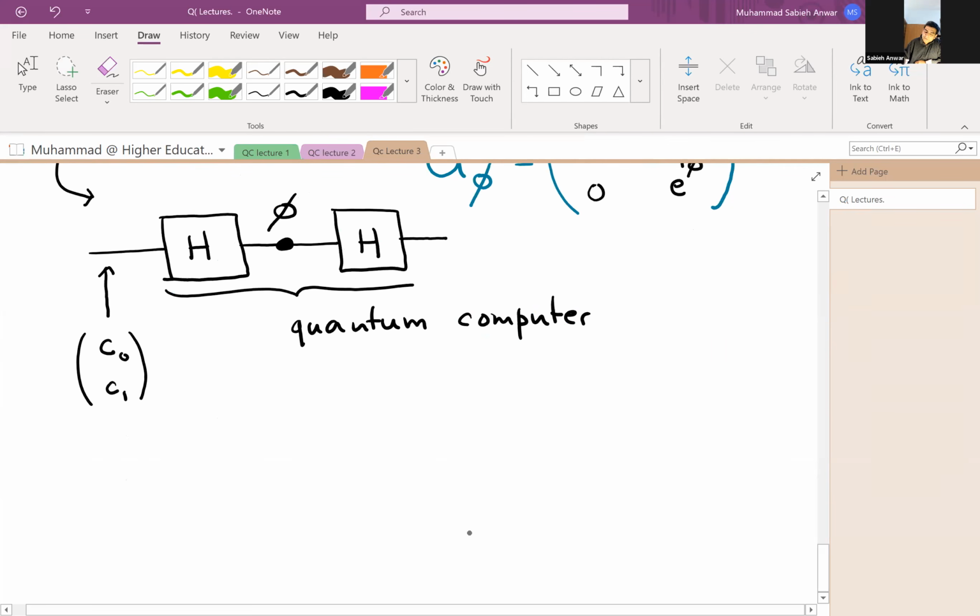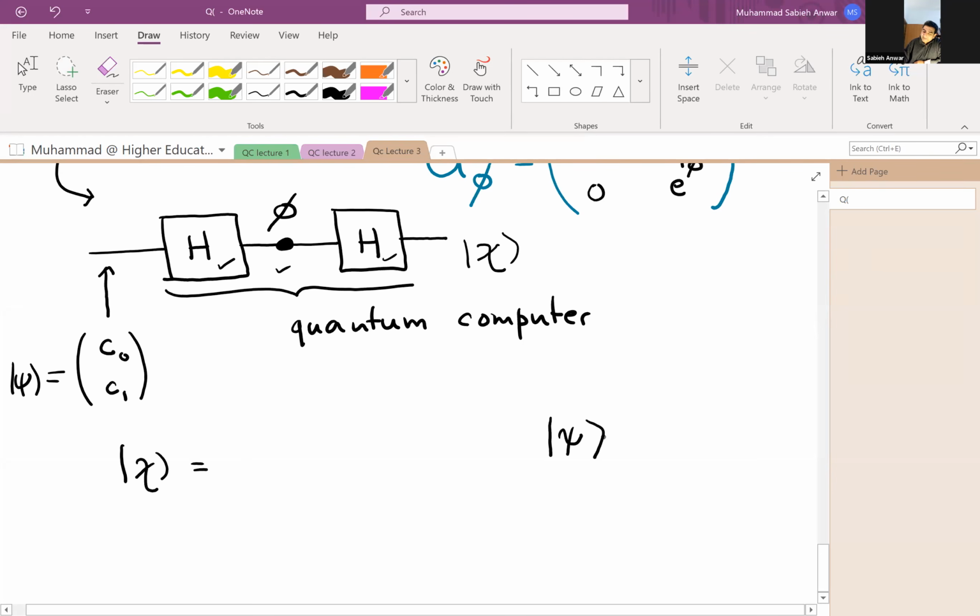I can, of course, use all the things that I've learned so far. Now, this is a sequence of three operations: a Hadamard gate followed by a phase gate followed by another Hadamard gate. Let's call this input state psi, and let's call my output state chi. Now, how do I determine chi? I have the input state psi.